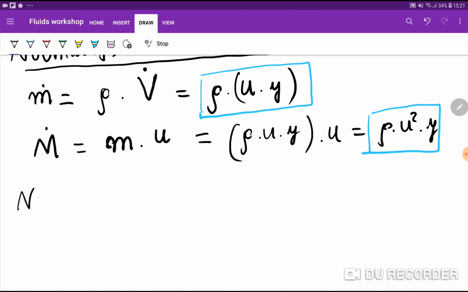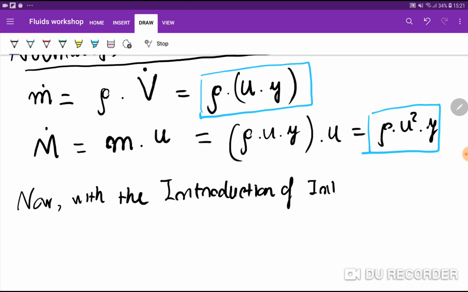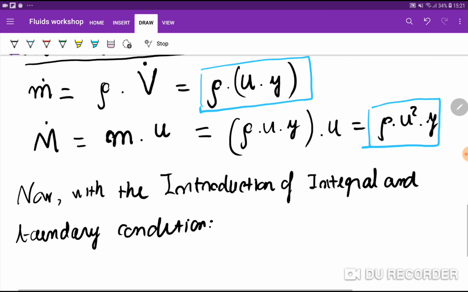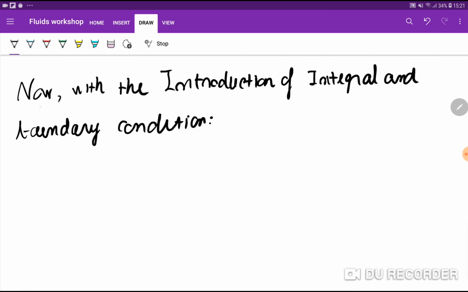Now, with the introduction of integrals and boundary conditions, it's going to be a little bit more complicated, but the idea is still the same.